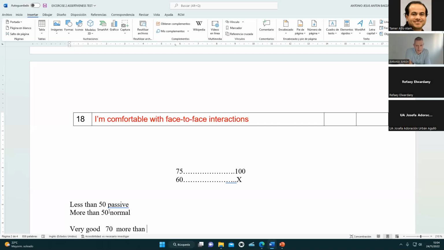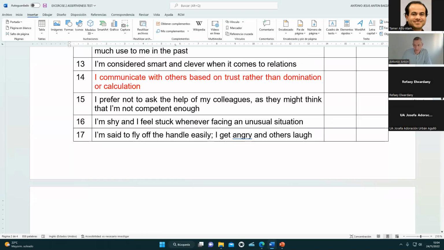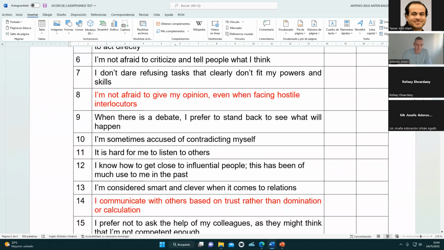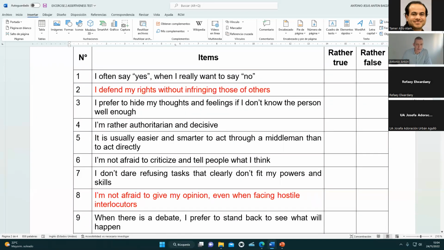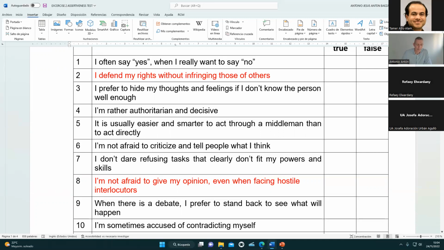Remember that every person imagines the situations differently. For instance, if you see these questions about defending my rights without infringing those of others, people say, well, I would say it depends on whether it's my family or not.